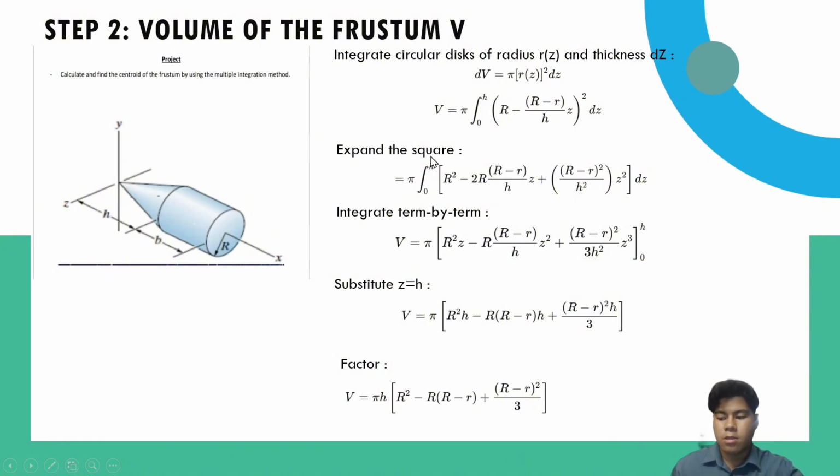Next, expand the square inside the integral and then integrate the equation term by term. Finally, substitute z equals h inside the equation that has just been integrated term by term. And lastly, factorize the h outside of the equation. So this is the final equation of the volume of the frustum V.